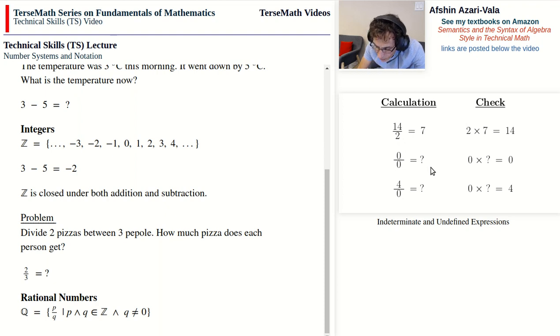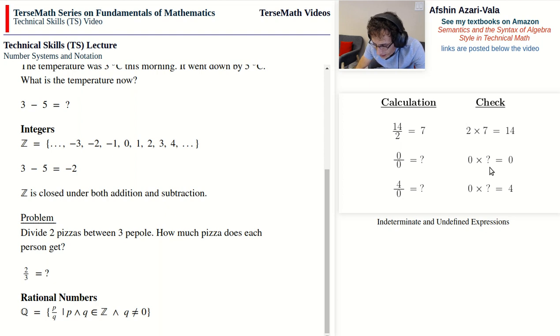If we wanted to check the answer to this problem, we would have to make sure that 0 times the question mark, multiplying diagonally, would give me the top number, 0. If you take a look at the possibilities for the question mark, you would soon convince yourself that it can be any number. I can put 1 in place of the question mark here, and the check will work. I can put 0. I can put -8.